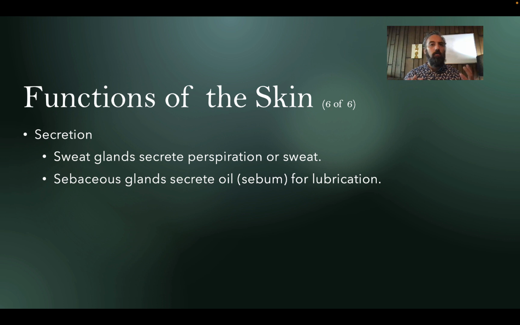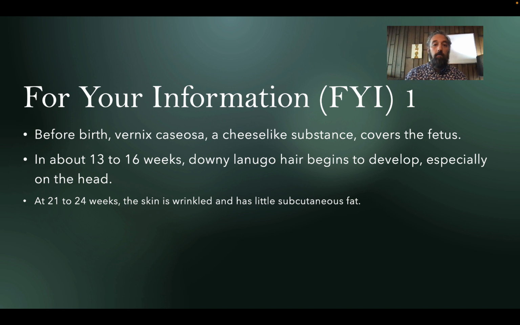This is one of those things that can cause acne in your pubescent years, because your body is trying to figure out exactly how much oil it can secrete, or even beyond your pubescent years, depending on whether you have oily skin or not, because some people do, some people don't. And then sweat glands also secrete perspiration or sweat. Once again, this is just a broad overview, and it may help you learn some of the terms that you need to learn.